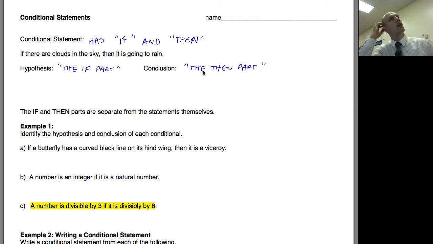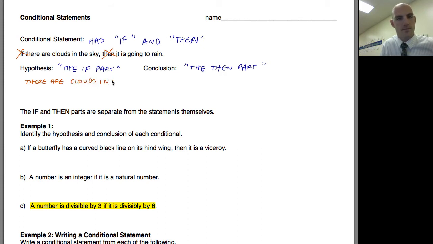It's important to note, however, that when denoting the hypothesis and the conclusion, they do not actually include the if and the then. So the if and the then are separate, but the hypothesis is the part that is with the if. So the hypothesis in this case is there are clouds in the sky.